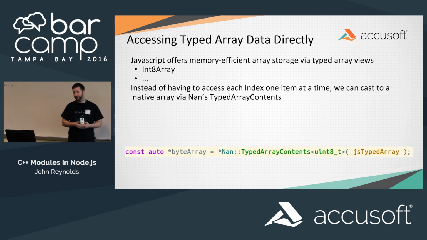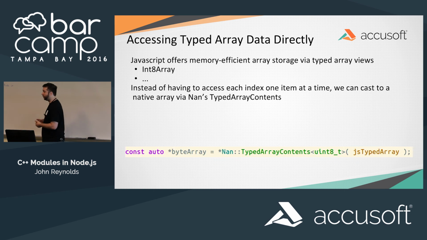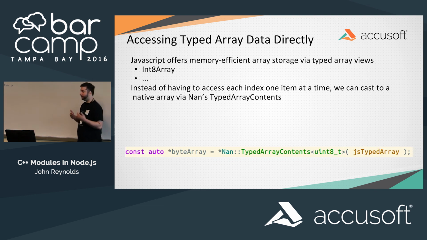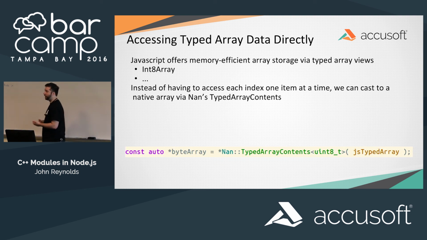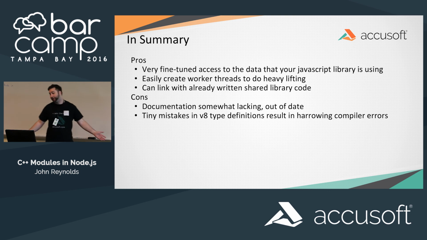So instead of having to access each pixel one by one, or each array member one by one, you are now able to cast it to an integer array where you can just memcpy the entire thing. It's very quick, very efficient. So in summary, sorry, it was a little quick.